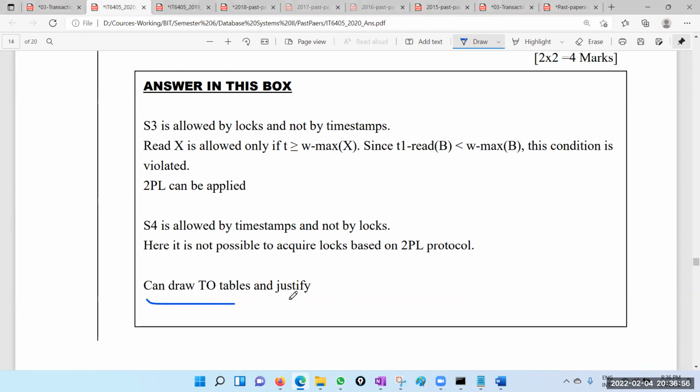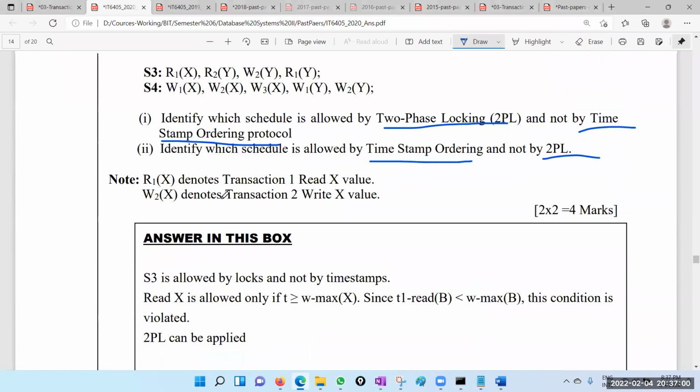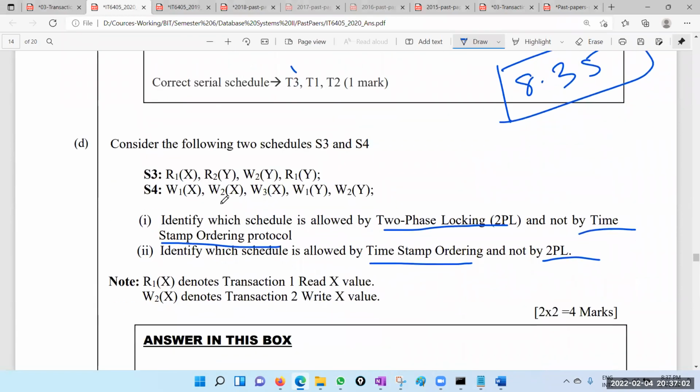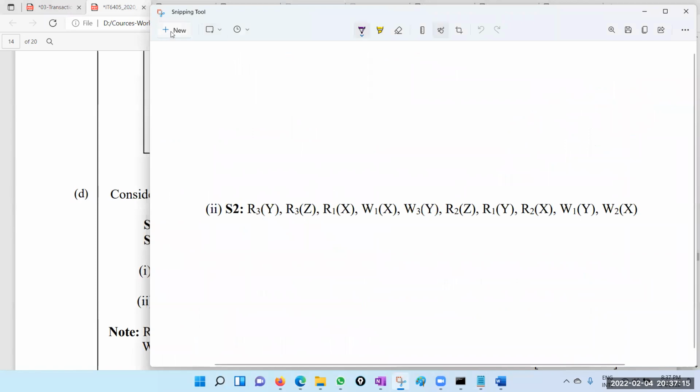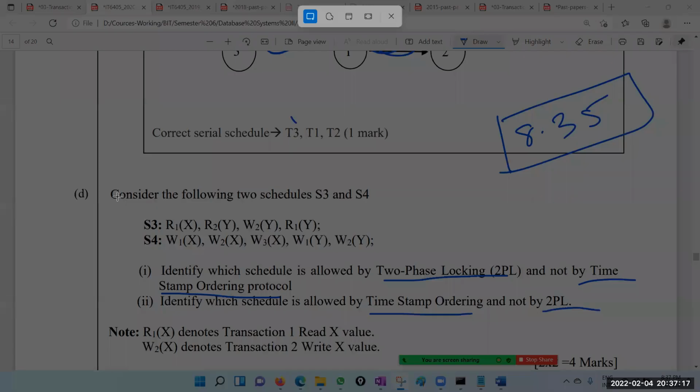Okay, they say you have to draw the table to justify. I thought, why are they not giving that? So let's draw the locking table. This looks quite a fussy question.